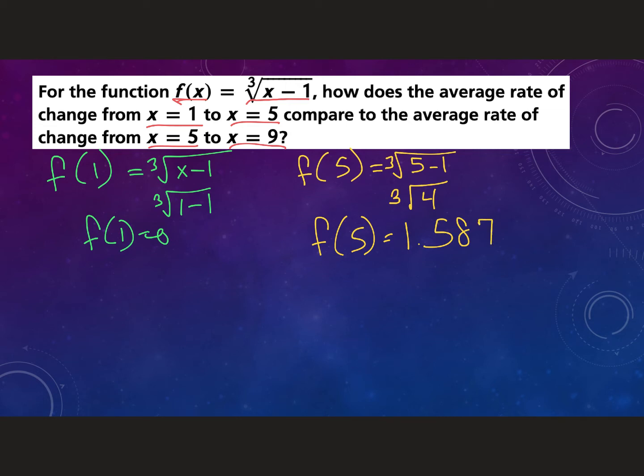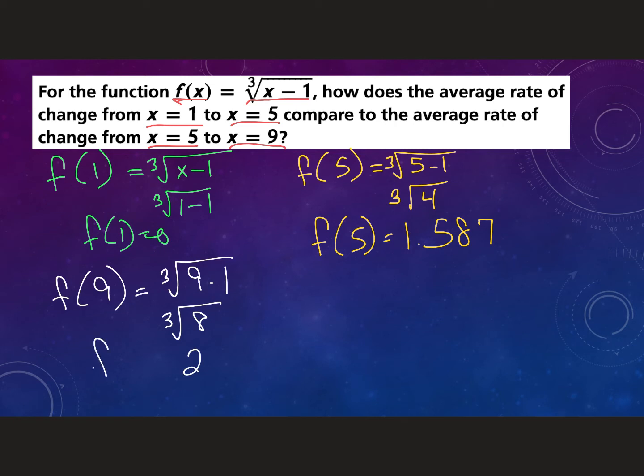Next, f of 9 is the cube root of 9 minus 1, which is the cube root of 8, which I know is 2. So now I have the values of each of these.